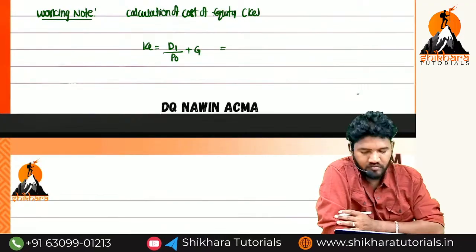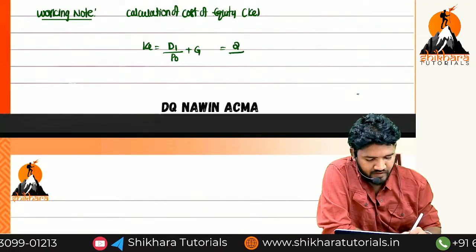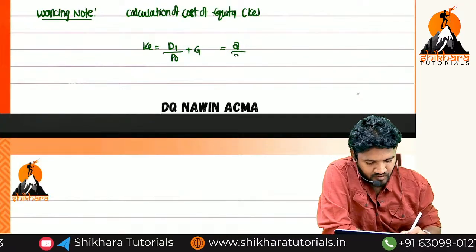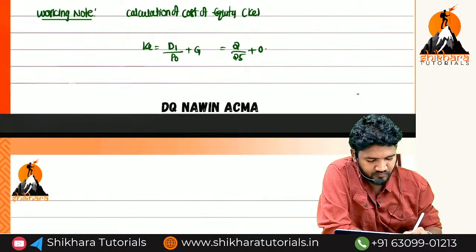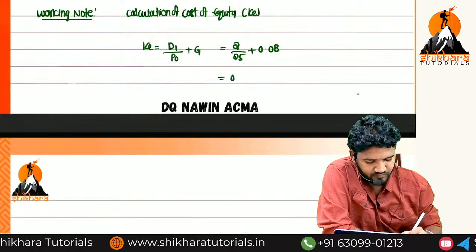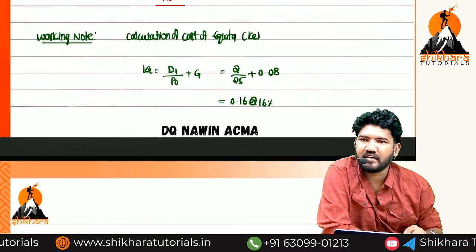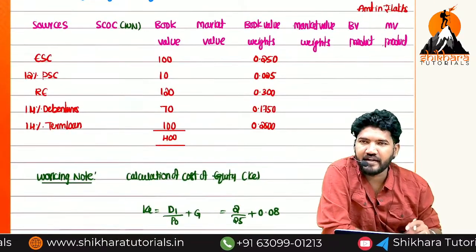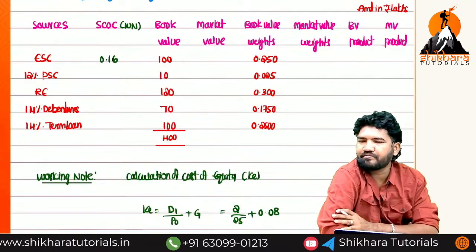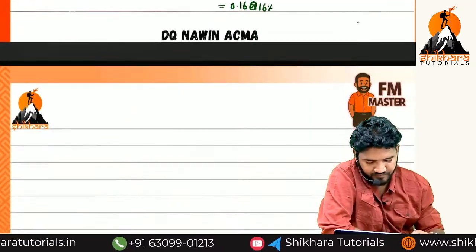Now please, D1 please, 2 divided by 25, growth 0.08. Answer 0.16 or 16%. I consider rates now. That's why percentages I also need to convert into rates. What about the KE? 0.16. What next?